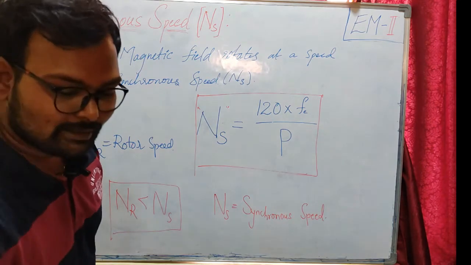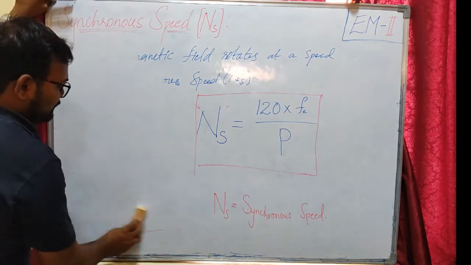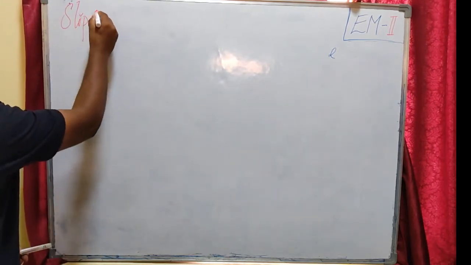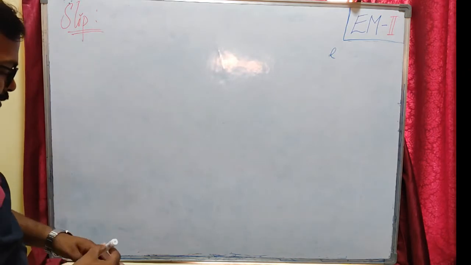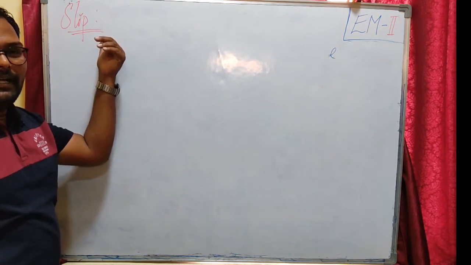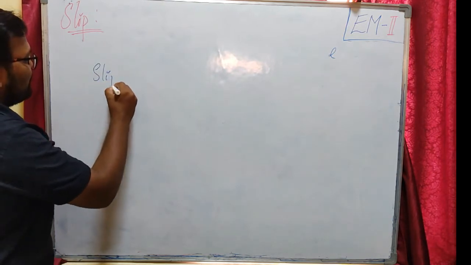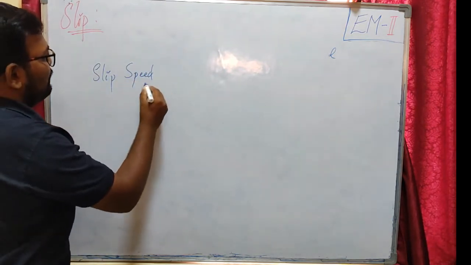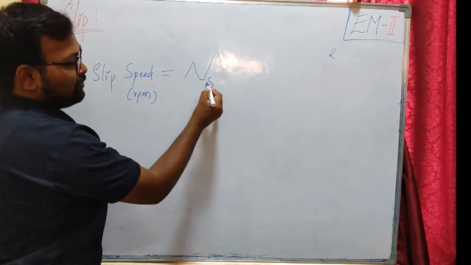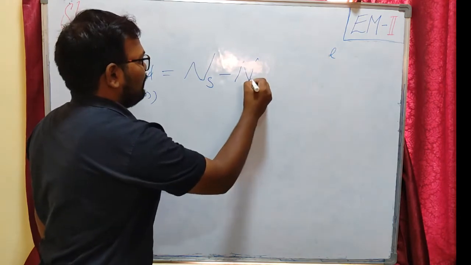Now I am going to define one important concept in induction machines, that is slip speed. As I told you, slip is the difference between synchronous speed and rotor speed of an induction machine. That means slip speed, in RPM, is equal to the difference between our synchronous speed, which is the speed of our rotating magnetic field, and our rotor speed.